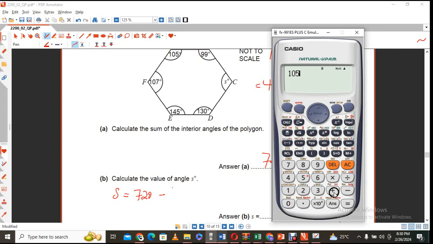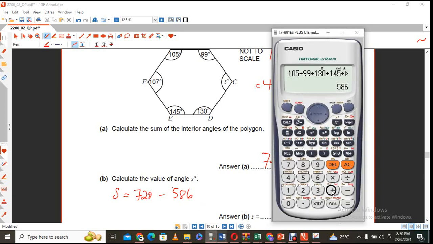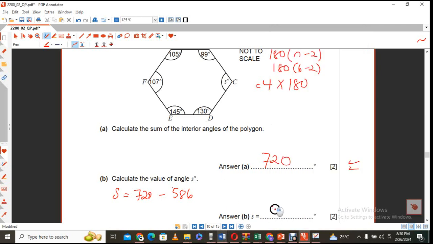That's 105 plus, going clockwise, 99 plus 130 plus 145 plus 107. Let's quickly go back and check: 105, 99, 130, 145, and 107. That gives me 586. Of course, now I say 720 minus that answer, which is 134. So that is 134 degrees.